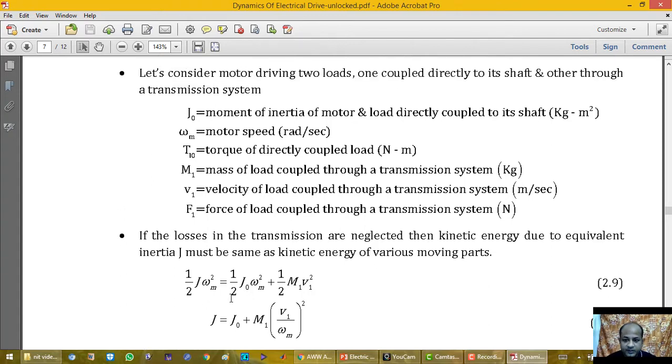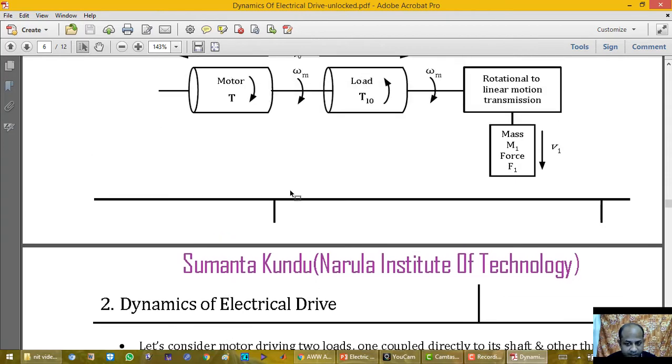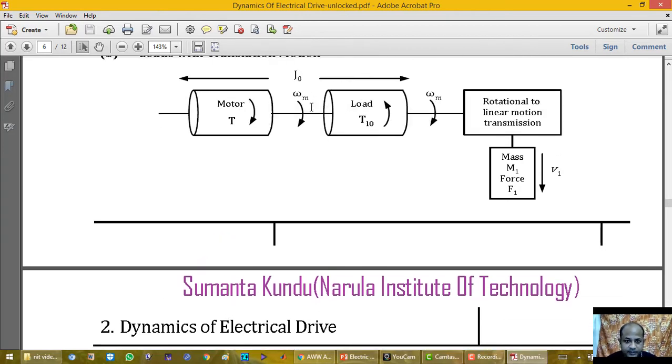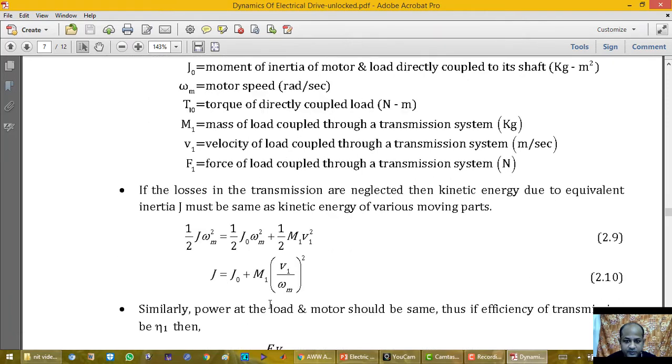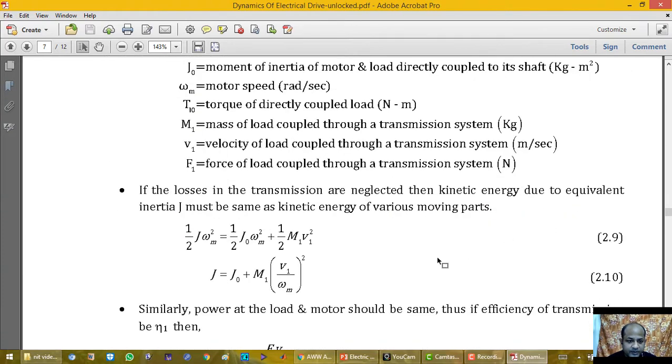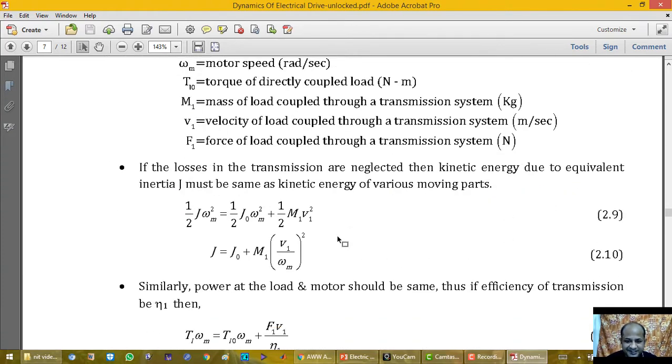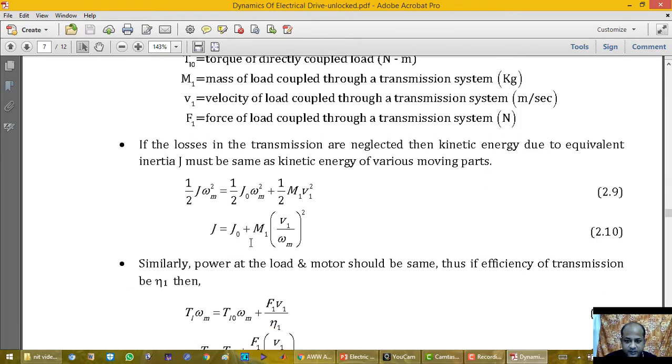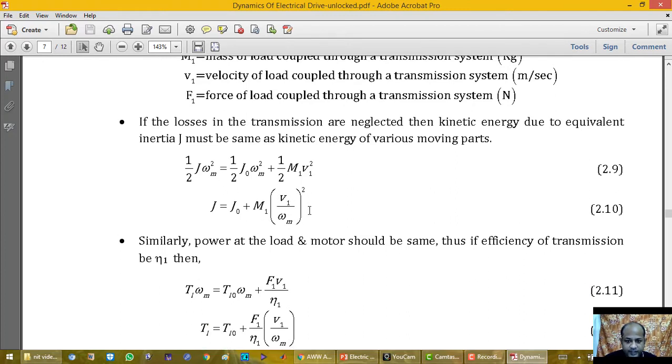So if the equivalent inertia is J, then the corresponding kinetic energy is half J omega m square, and for this load it is half J0 omega m square, and for this it is half m1 v1 square. This is basic physics, nothing else. So again I will divide by half omega m square, and we get the equation J equals J0 plus m1 within bracket v1 by omega m whole square.